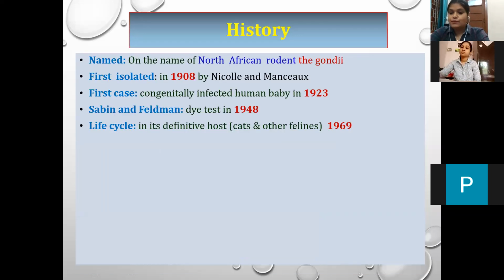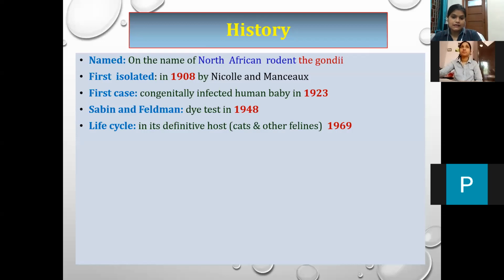The name of the parasite, gondii, is actually based on a North American rodent. It is not based on some scientist. It is based on the rodent, specifically known as the gondii.